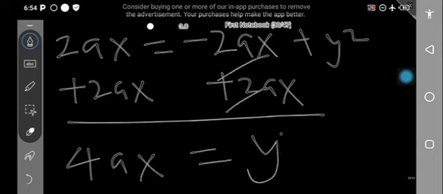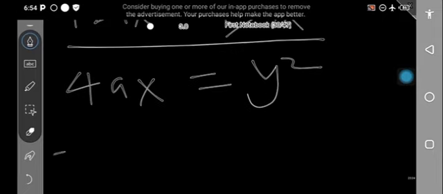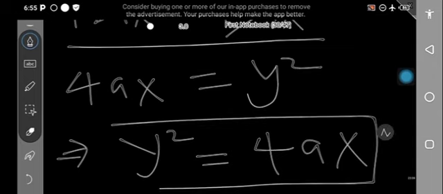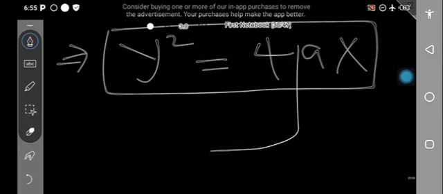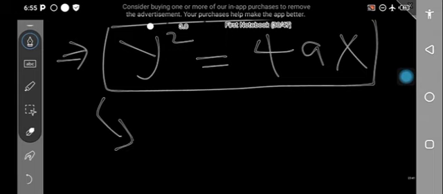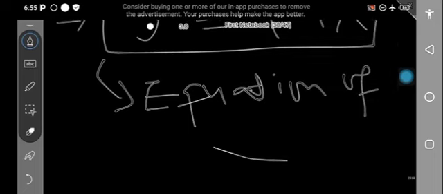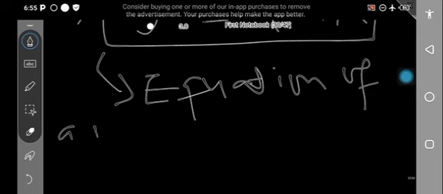So this implies that y squared equals 4ax.